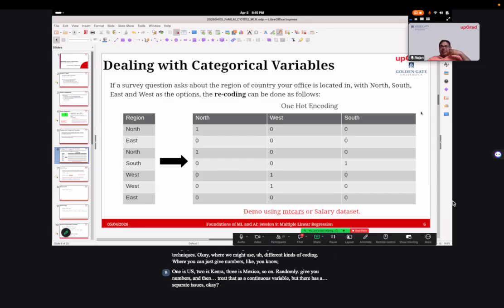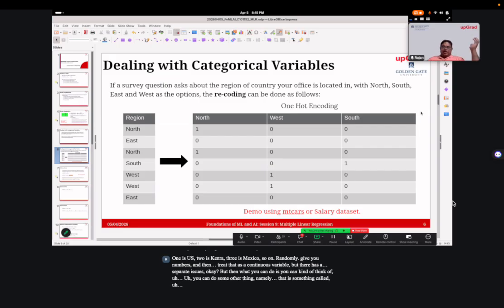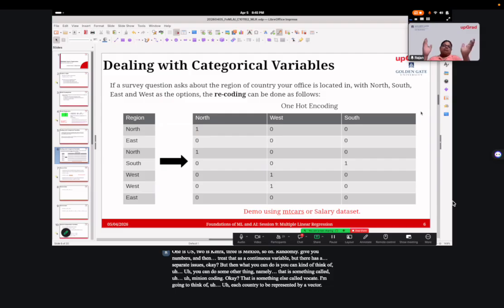Okay. But then you can do some other thing, namely there is something called mean encoding. Okay, there is something else called, I'm going to think of each country to be represented by a vector in some 5-dimensional space.